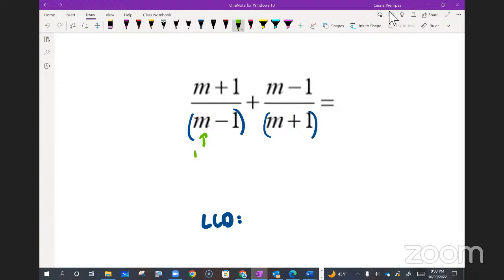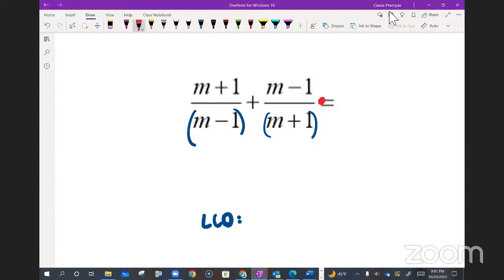Let m equal 6. You don't even have to write this down. But if you did, you would have 6 minus 1 is 5, and 6 plus 1 is 7. What's the least common denominator between 5 and 7? They don't share anything. You'd have to multiply them by each other. So if the factors are different, you're going to have to multiply them by each other.